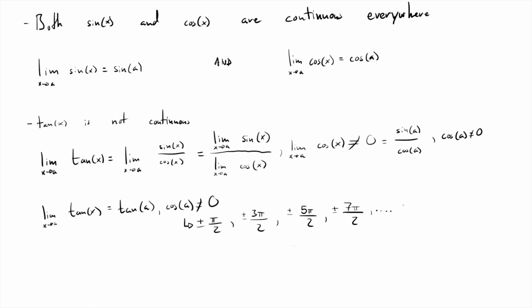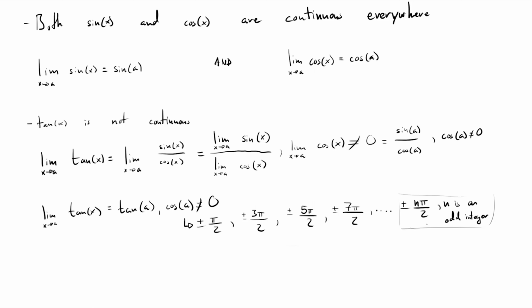Well, it equals 0 at plus or minus n pi over 2, where n is an odd integer. Okay, so this is when cosine of a or cosine of x is equal to 0, right? And if you draw a graph of cosine, you'll notice that. Or if you just type it into your calculator.